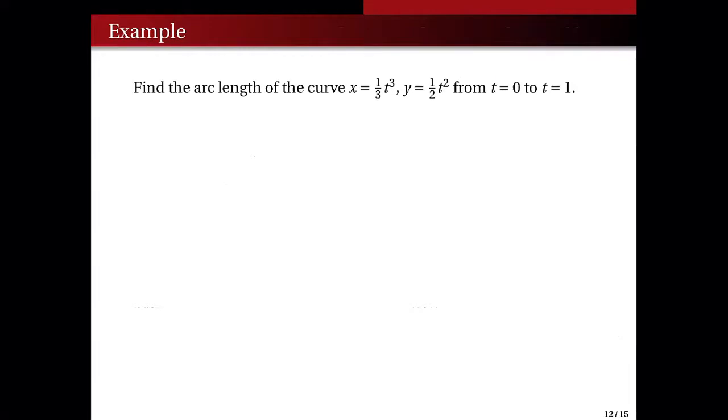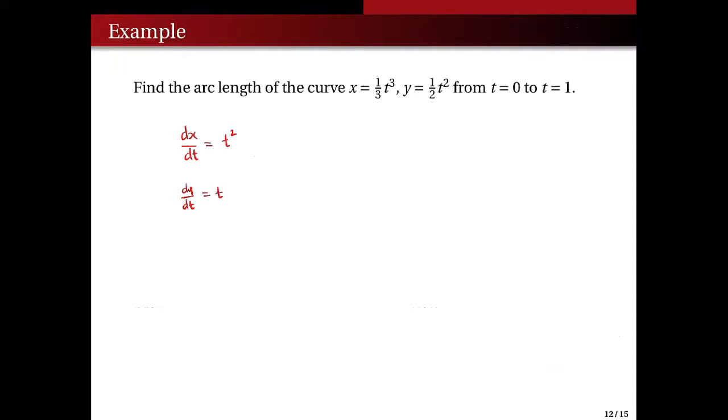Find the arc length of the curve x equals 1/3 t cubed, y equals 1/2 t squared from t equals 0 to t equals 1. So first, let's have dx over dt. This is just t squared. Okay? dy over dt.